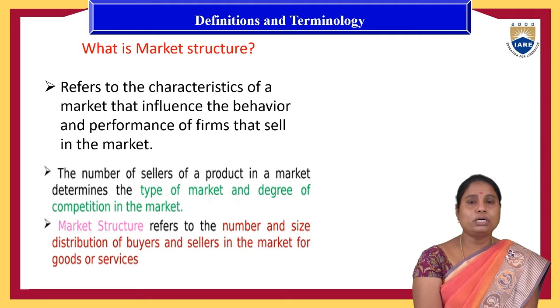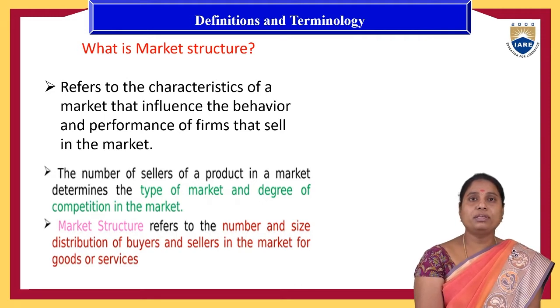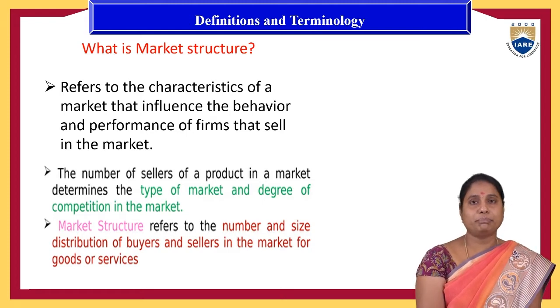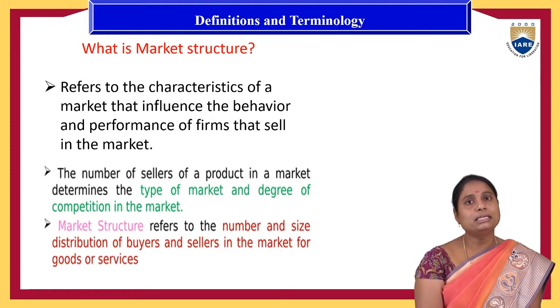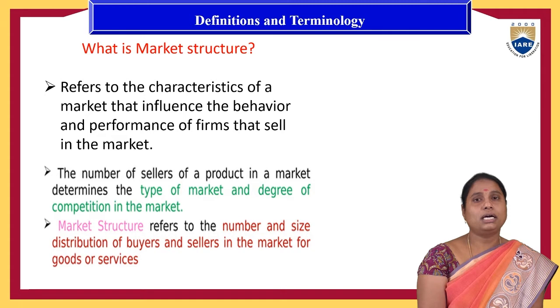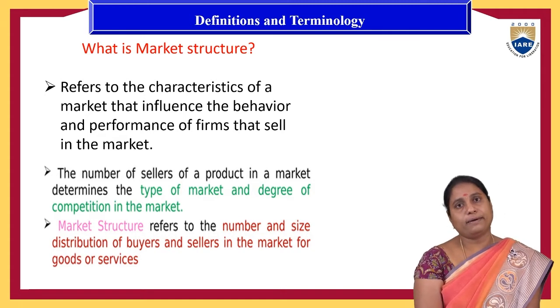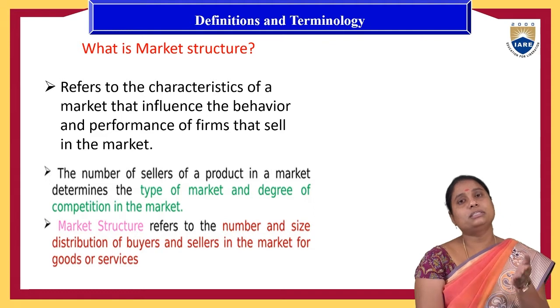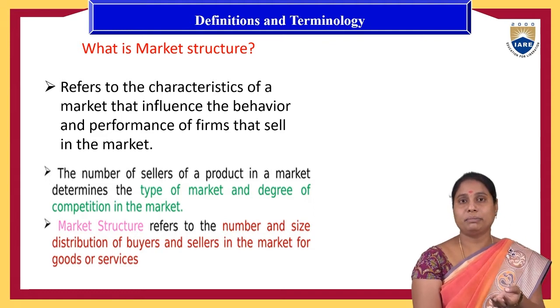Market structure refers to the characteristics of the market and market conditions in terms of their influence on the behavior and performance of the firms that sell in the market. For example, in a market where there are many sellers and many buyers, the sellers and buyers are unlimited.